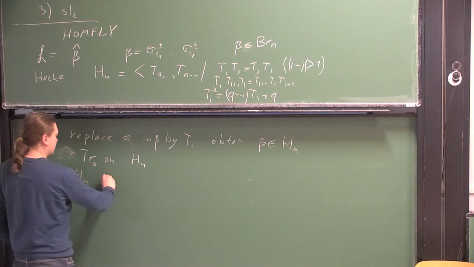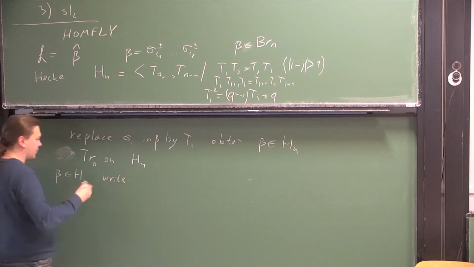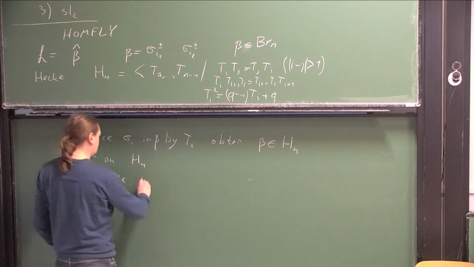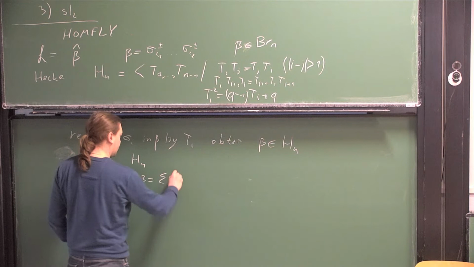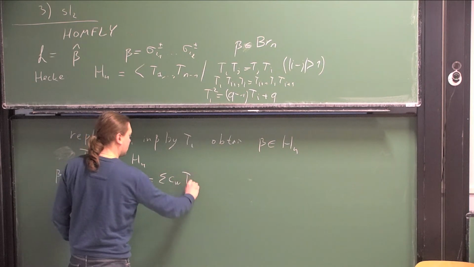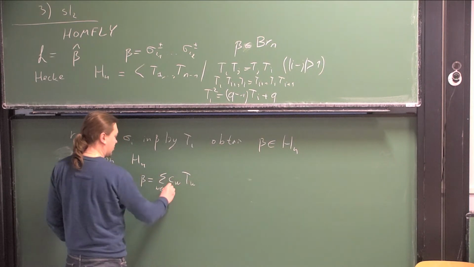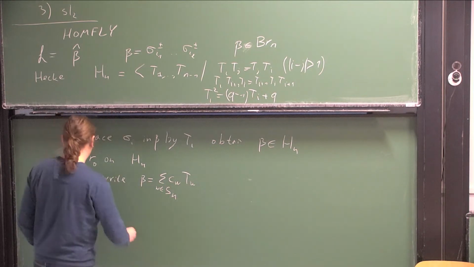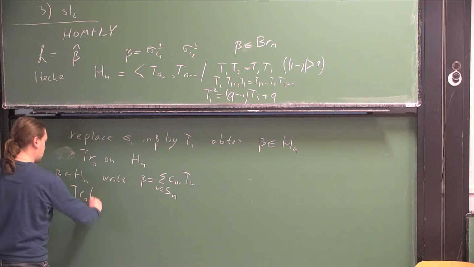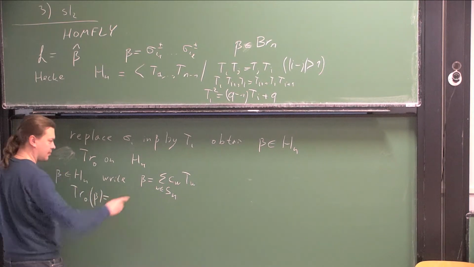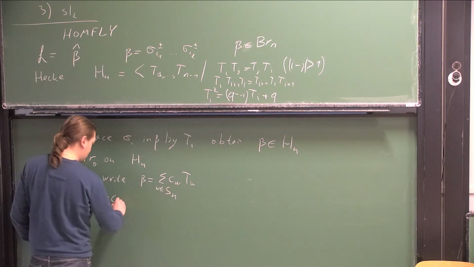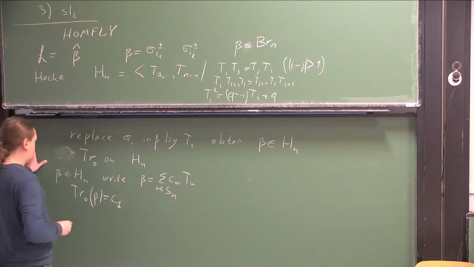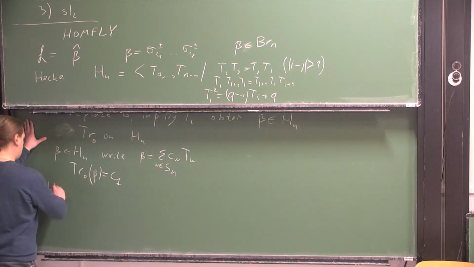H_n has a basis of n factorial elements T_w, where w is a permutation. And then you take the trace 0: the coefficient of the identity.